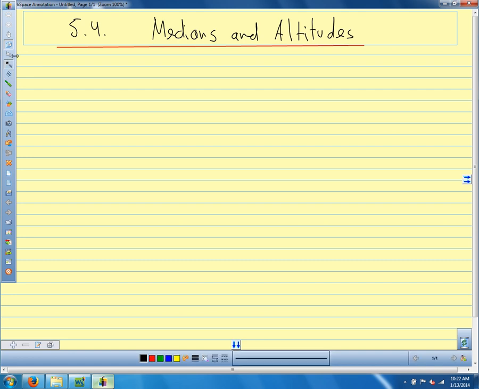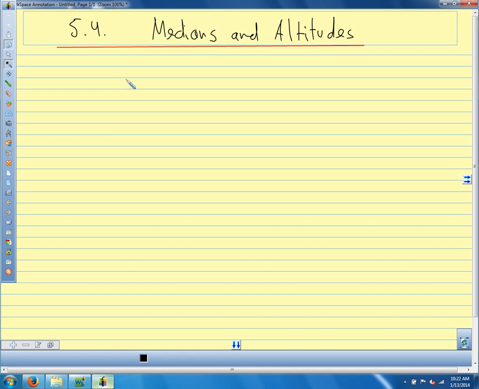So the first thing we need to know is what a median is. And before I do that, let me back up just a touch. We'll write down what a median is first, in just a second.